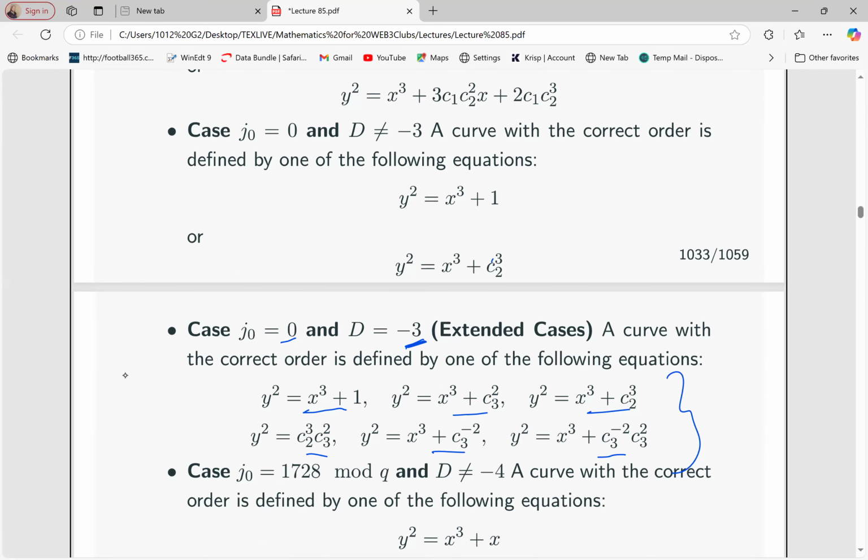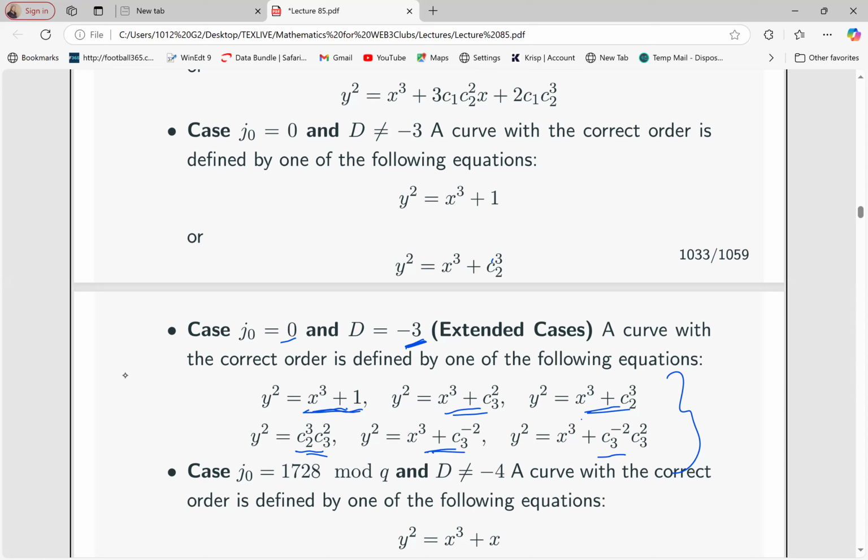Look at this form. This form has no A. This form, in fact, doesn't even have x squared, x cubed.